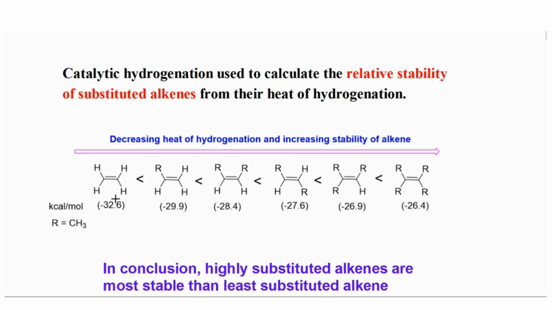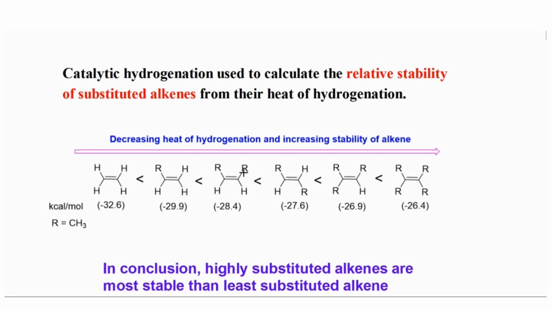When we do the hydrogenation reaction, what happens? It will liberate some heat, which is given in kilocalories per mole. This is the heat liberated during hydrogenation. This is minus 32.6 kilojoules. When you compare with the substituted alkene, where one hydrogen is replaced with an alkyl group, you see it is getting reduced.